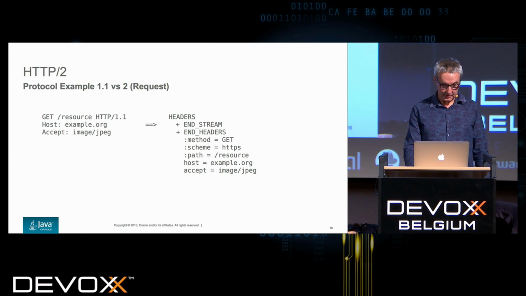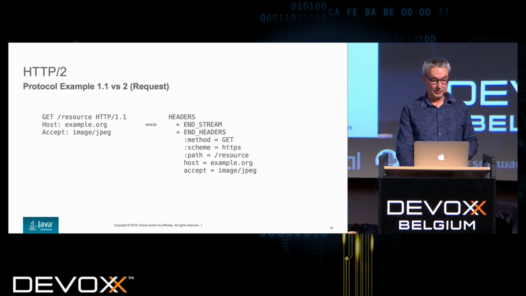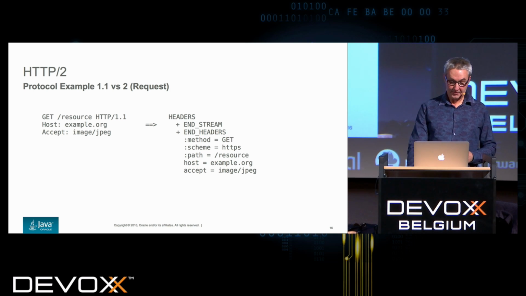So just to show a comparison of a request between HTTP 1.1 and how the same request would look in HTTP 2. On the left-hand side, we have the traditional, familiar-looking HTTP 1 request. So what we have is a GET of /resource with two headers, host and accept. So how does that look in HTTP 2? Well, in this case, we have a single headers frame, and it has two flags set, the end stream and the end headers flags.